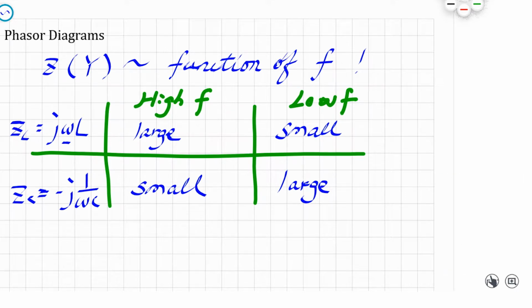For a capacitor, the current depends on the rate of change of voltage. Remember, i is equal to C dv/dt. So the more rapidly the voltage changes, the greater the current is going to be. For a very low frequency, it's changing very slowly, so the impedance is really, really high. But if the frequency is high and changes rapidly, the current is great and the impedance is really small.